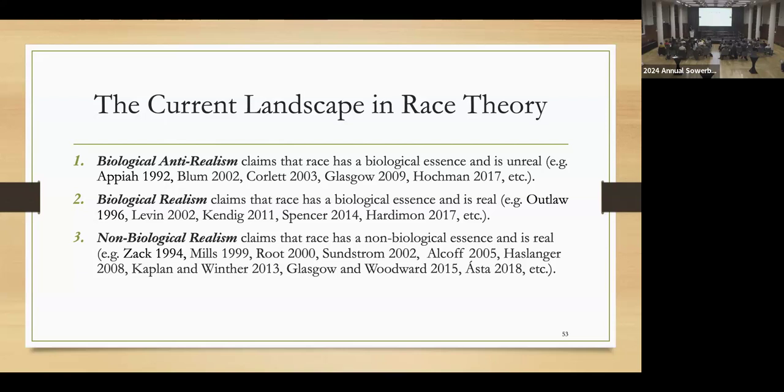Naomi Zack was a big proponent of this in the early 90s, but the late, great Charles Mills, who recently passed away, was also a big proponent of that in the 90s, and you could find multiple examples of this outside of philosophy departments, like Dorothy Roberts at my institution in the law school, and sociology and Africana studies is in this camp as well. There's some variations. Some people think that the essence of what race is a socio-political construct. Some people think it's a cultural construct.